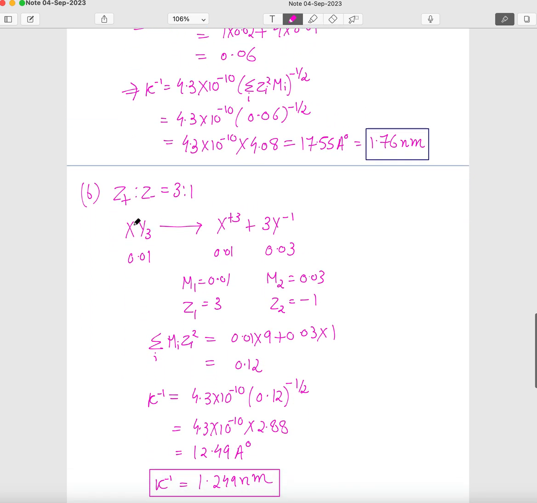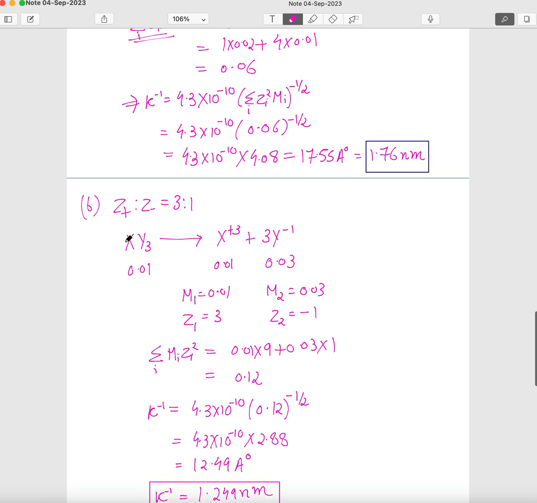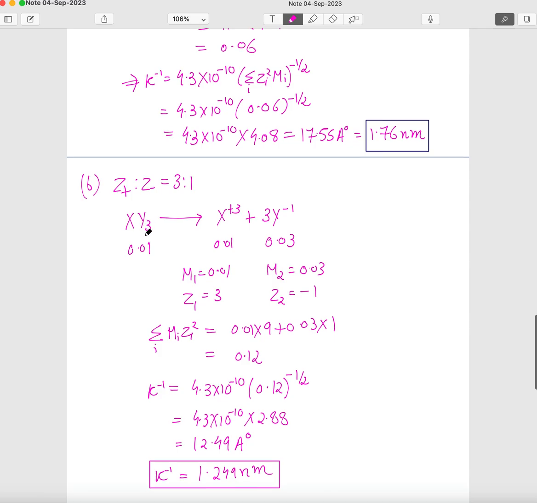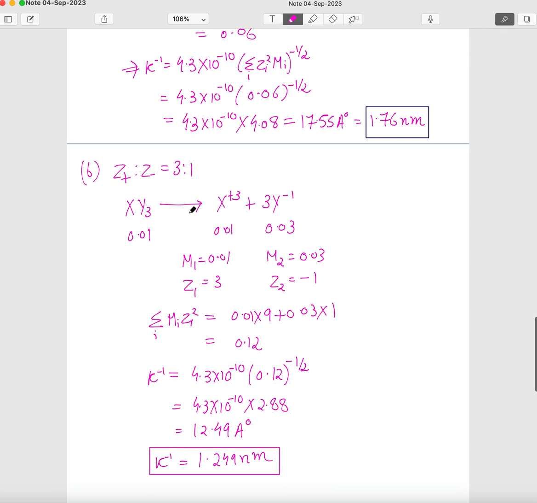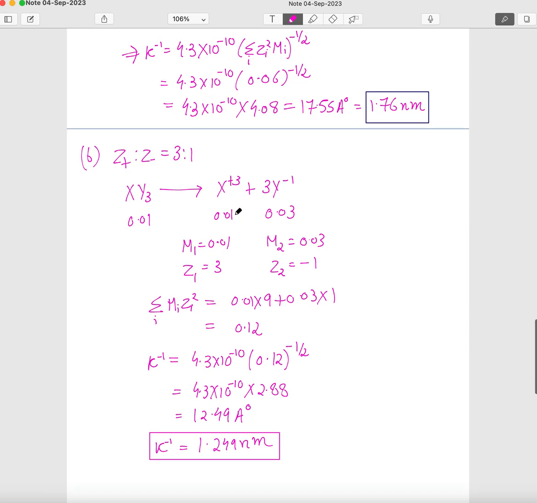Now for the second case, the ratio is 3:1. Essentially the salt has the form x y3, which dissociates to form x plus 3 and 3 y minus 1. If it is 0.01 molar, it dissociates to give 0.01 mole of x and 0.03 mole of y because of the stoichiometry.